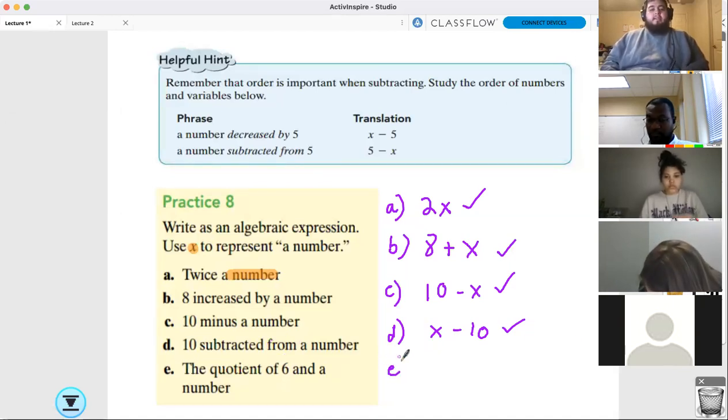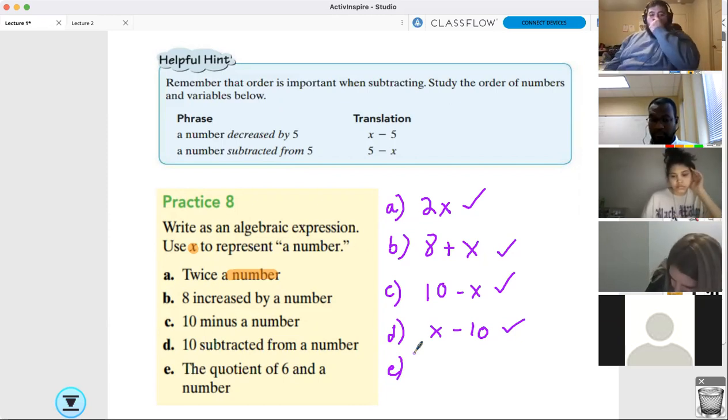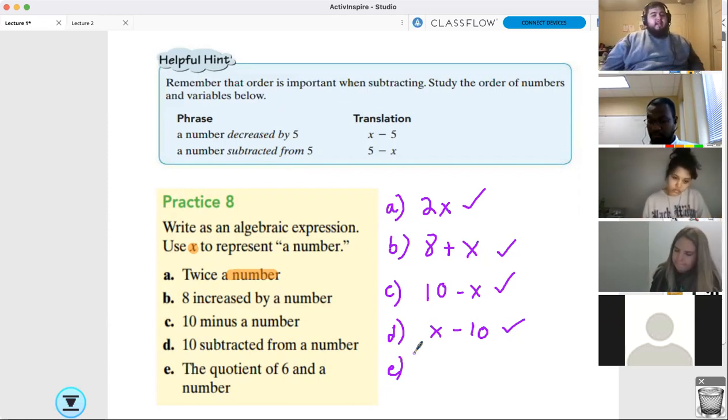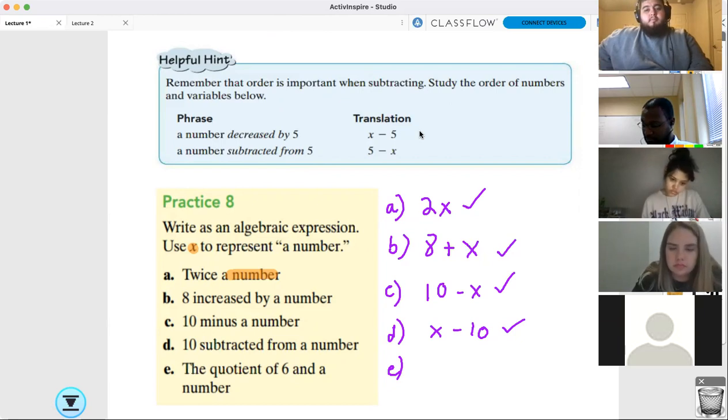And then E, the quotient of 6 and a number. So what's going to be the choice for E, guys? What over what? What's on top and what's on the bottom? Six over x.